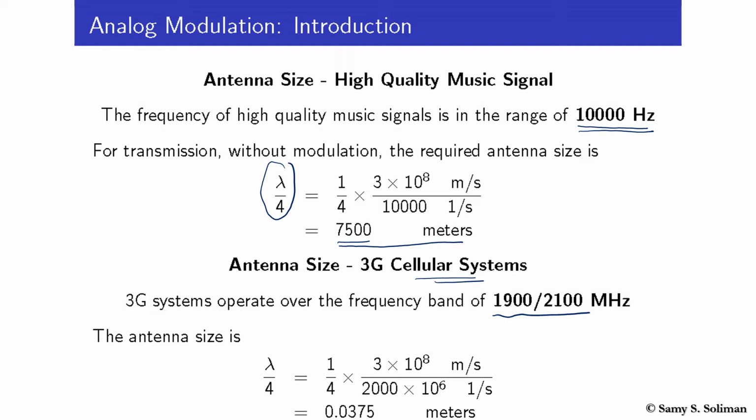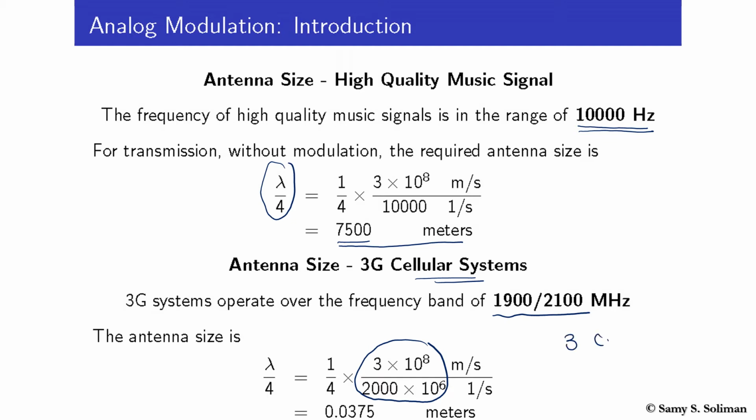In this case, the wavelength of the signal, again, can be calculated as c divided by the frequency. In such a scenario, the required antenna size, which is proportional to lambda over 4, is 0.03 meters or 3 centimeters.